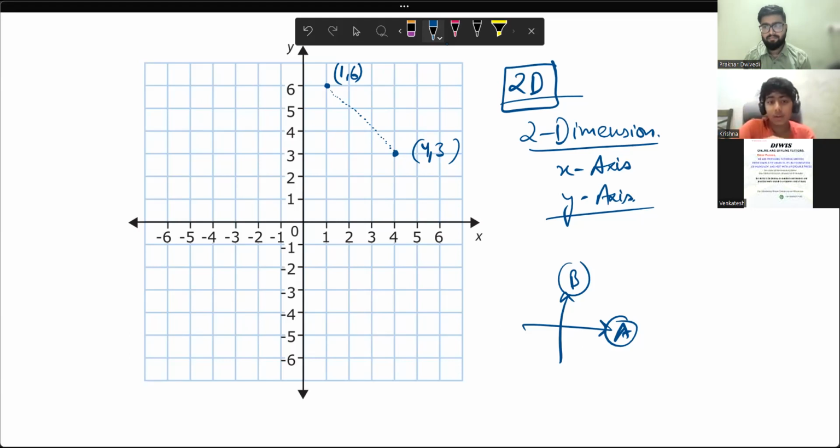So it's 3 squared plus 3 squared, which is 18. Square root of 18 equals the length of the line. Okay, that is correct. The square root of 18 is correct.